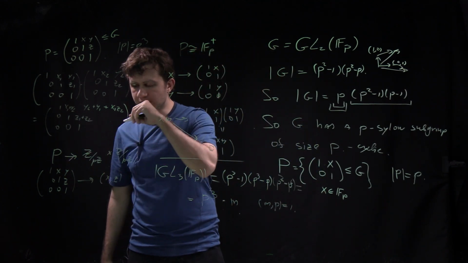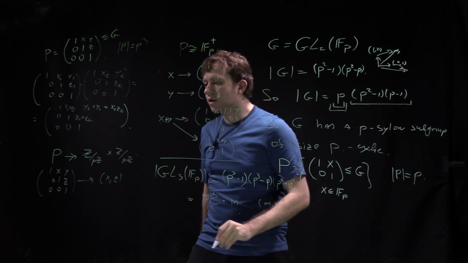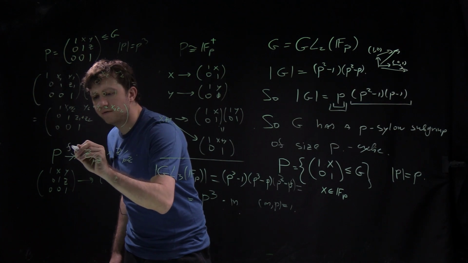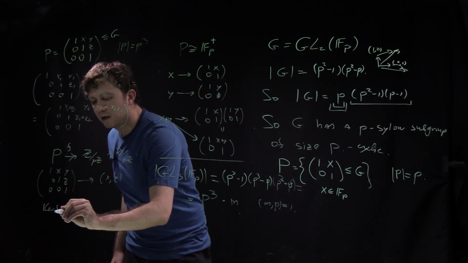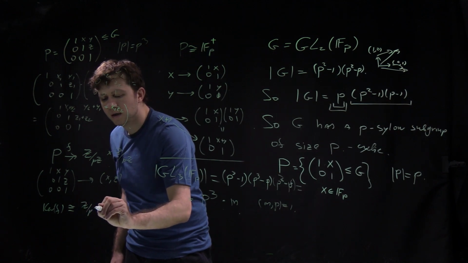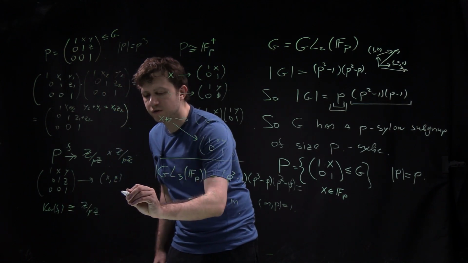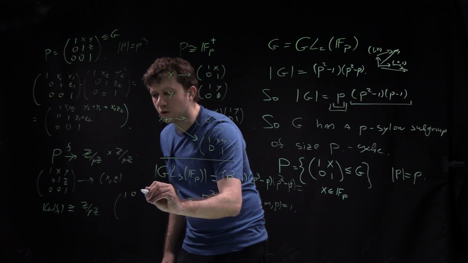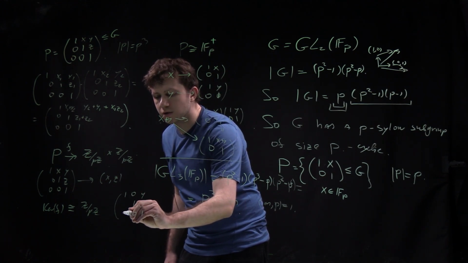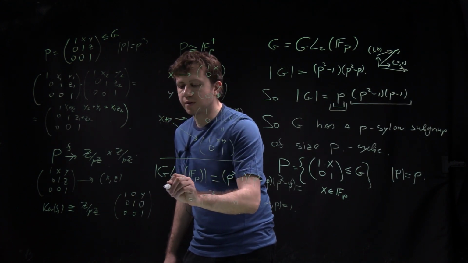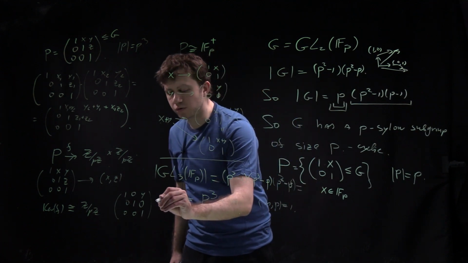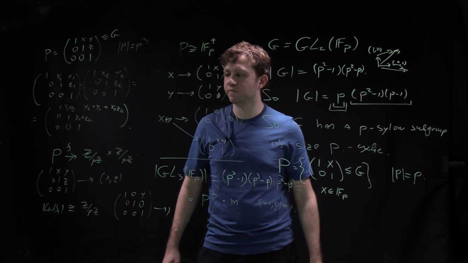And the kernel of f is again isomorphic to Z over pZ, and these are just matrices with only y nonzero, and if you multiply them, you easily see that if you send it to y, that's an isomorphism.